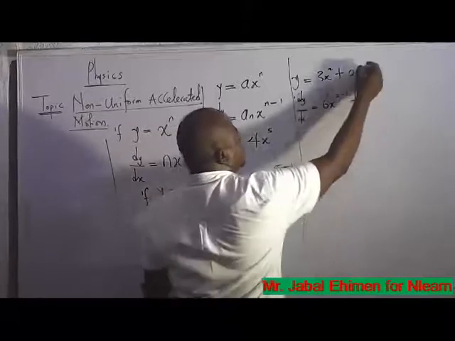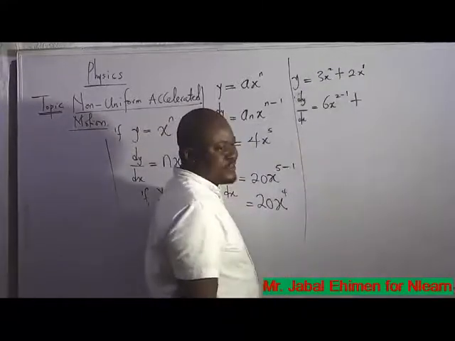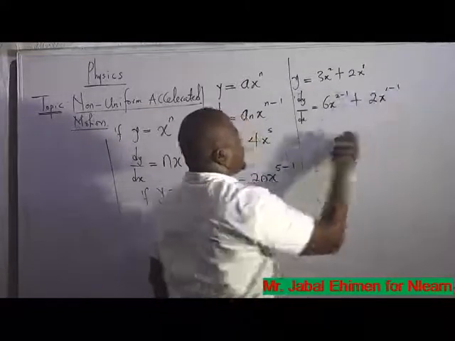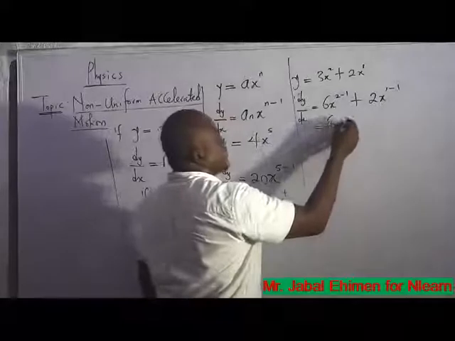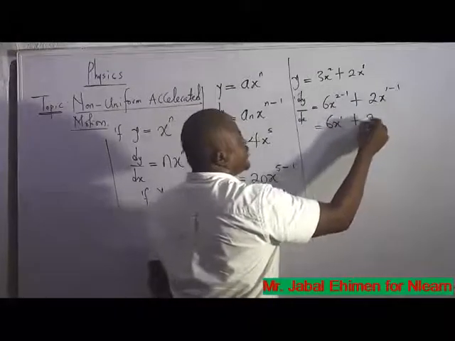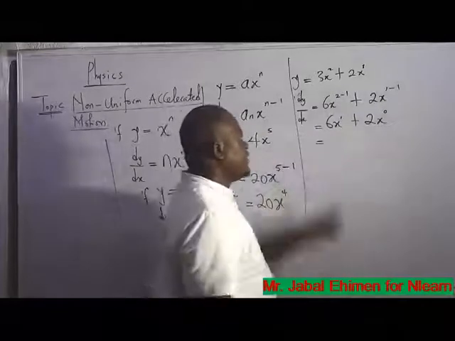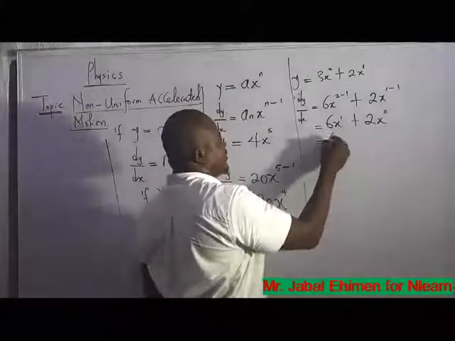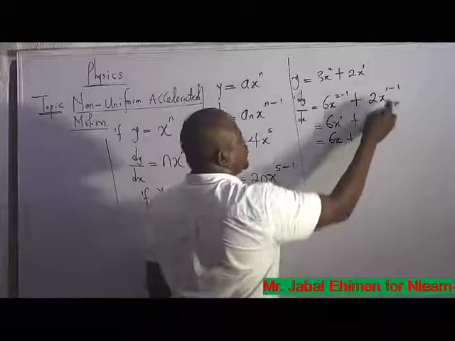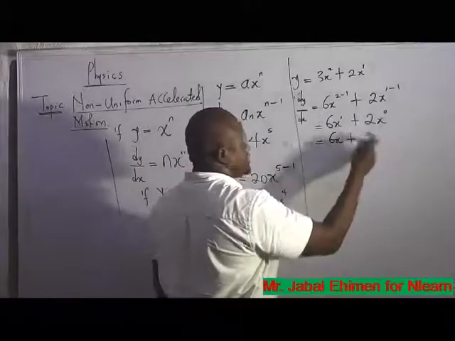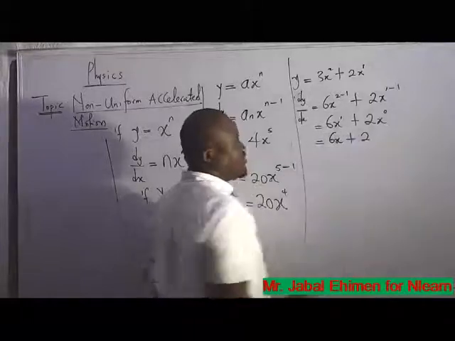Plus this, the power here is 1. We already know that. So 2 times 1, that is 2, x to the 1 minus 1. That will give us 6x raised to power 1 plus 2x raised to power 0. Mathematically, 6x raised to power 1 is still the same thing as 6x. x raised to power 0 will be 1. Anything raised to power 0 is 1. So 2 times 1 is 2.